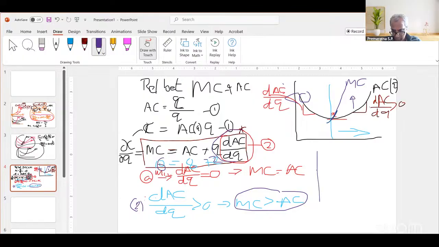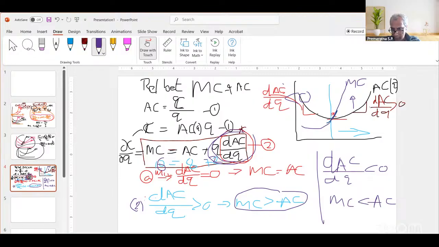If it is a negative slope, then the marginal cost must be less than average cost, because this part becomes negative. So the marginal cost curve must be below the average cost curve. And we can see the situation here.